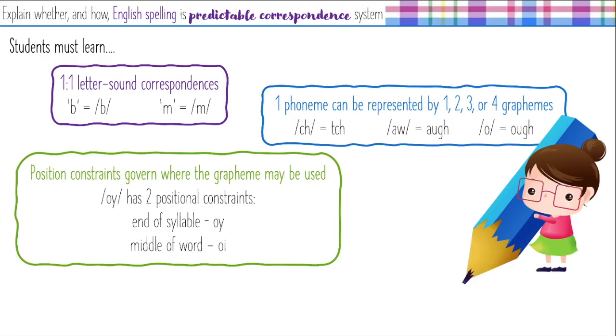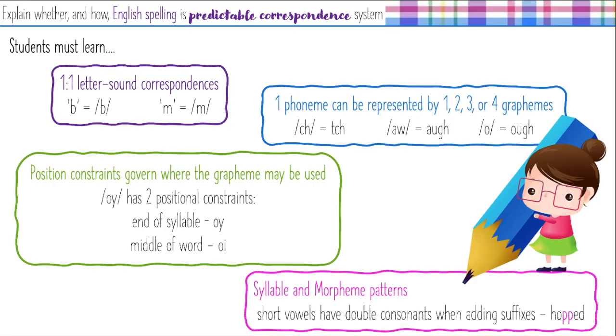Your first choice might be this, your second choice might be that, especially as we get to some of those more complicated vowel patterns. That actually does help kids a lot. And then remember that syllable and morpheme patterns will affect spelling, especially with short vowels. If we can help students understand these principles, like we talked about at the very beginning of the chapter, spelling is not going to be so invasive, okay?